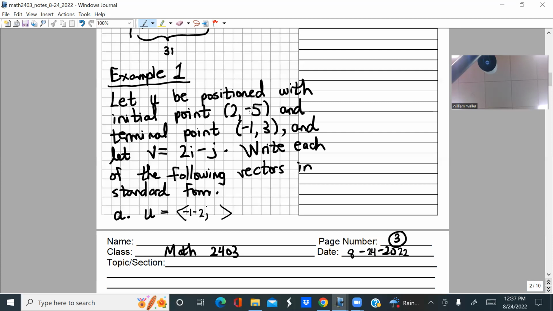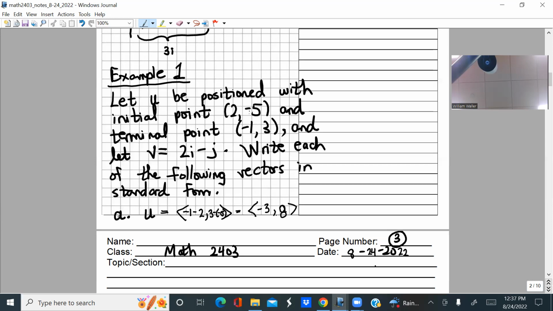And for the second component, take the difference in the y-coordinates. So you get 3 minus a -5. What does that end up being? -3 and 2. Is that right? Did I do that right? -1 minus 2 is -3. 3 minus a -5 is, oh, that's 3 plus 5, which is 8. So I didn't do it right. So you get -3 and 8 there.